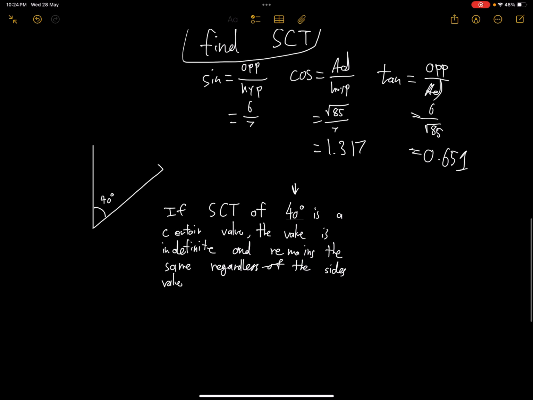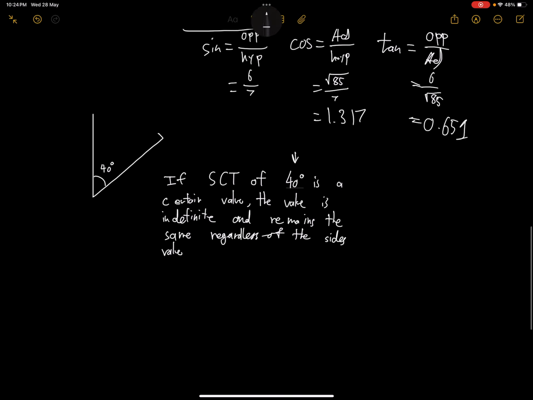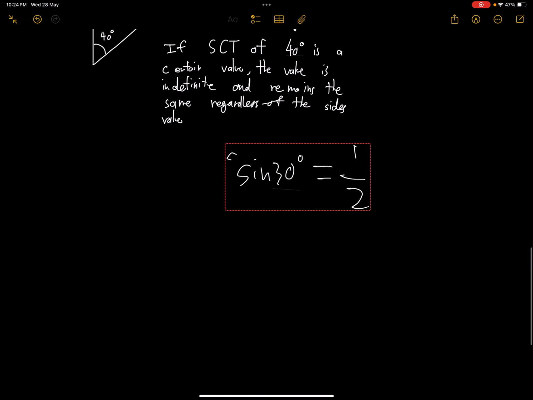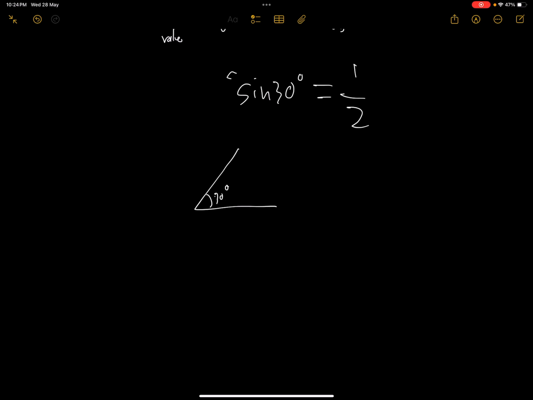So okay, say the sin value of 30 degrees were to be 1 over 2. That would basically mean that any diagram containing a 30-degree angle, right, any triangle with the 30 degrees on it, would have their opposite being 1 and their, let's say this is the hypotenuse, being 2.